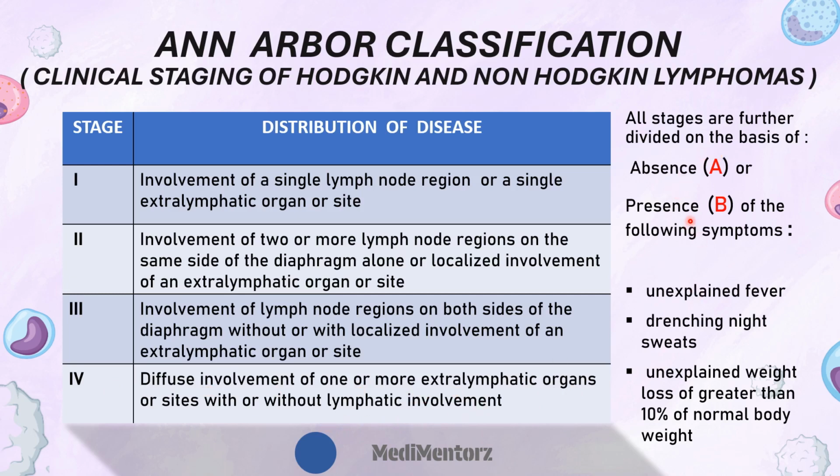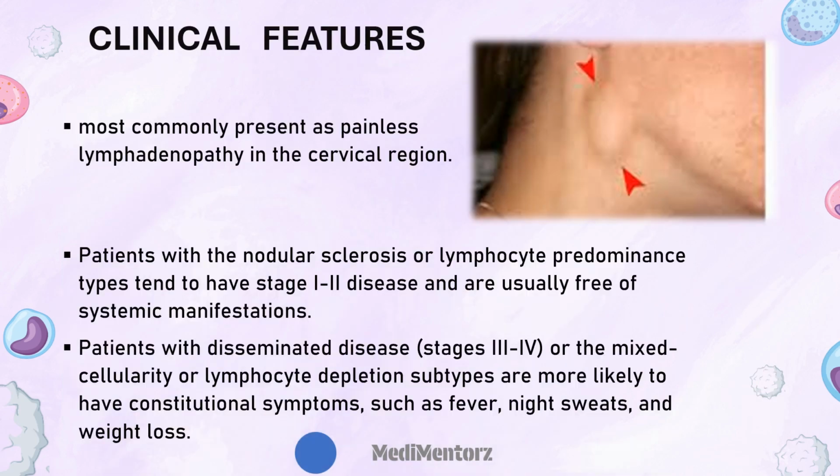Patients with nodular sclerosis or lymphocyte predominant types tend to have stage 1 or stage 2 of disease and are usually free of systemic manifestation, whereas patients with disseminated stages, that is stage 3 or stage 4, tend to have mixed cellularity or lymphocyte depleted types, which are more likely to have constitutional symptoms such as fever, weight loss, and night sweats. That's it about Hodgkin's lymphoma.